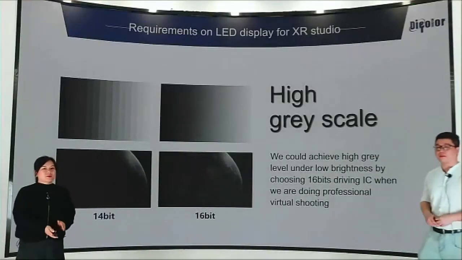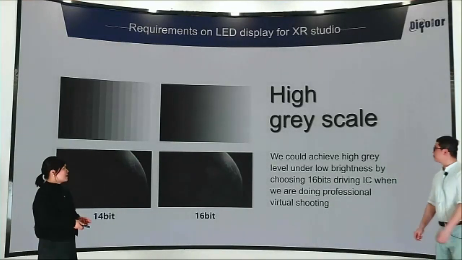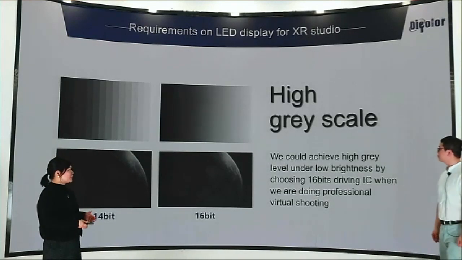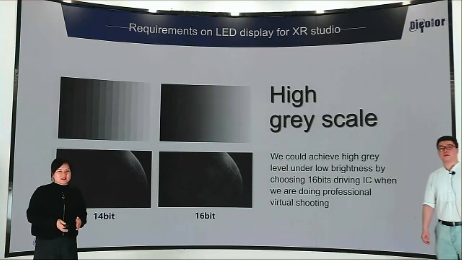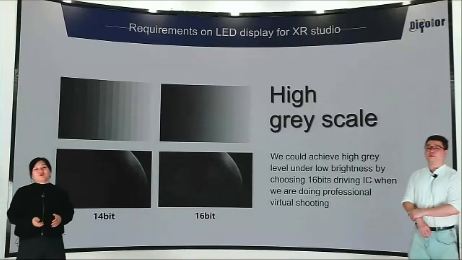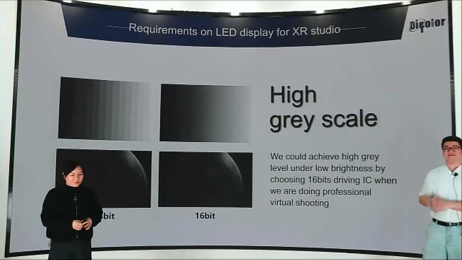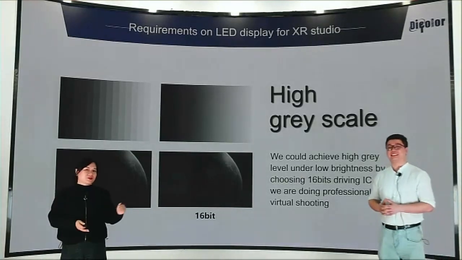And then, of course, it requires high grayscale, because with high grayscale we can achieve the high grayscale on the low brightness by choosing 16 bits IC when we're doing professional virtual shooting. And this is basically Dicolor. Most of our rental products are with high grayscale.